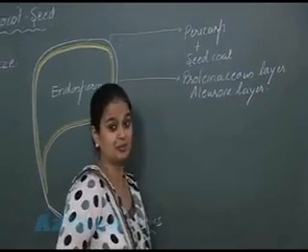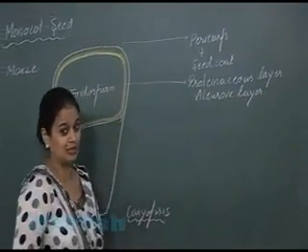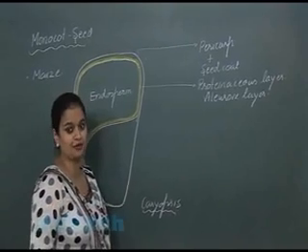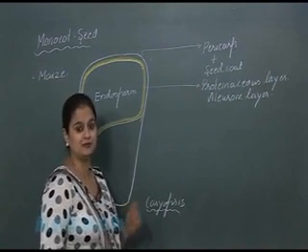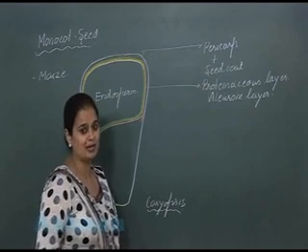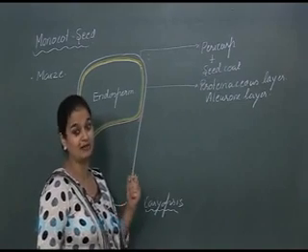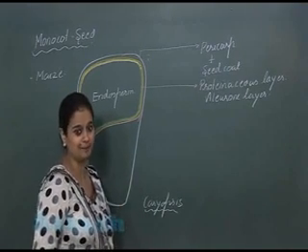Please keep in mind that this aleurone layer is not a feature of all monocot seeds. It is present in only a few seeds. One example is maize and another one is barley.